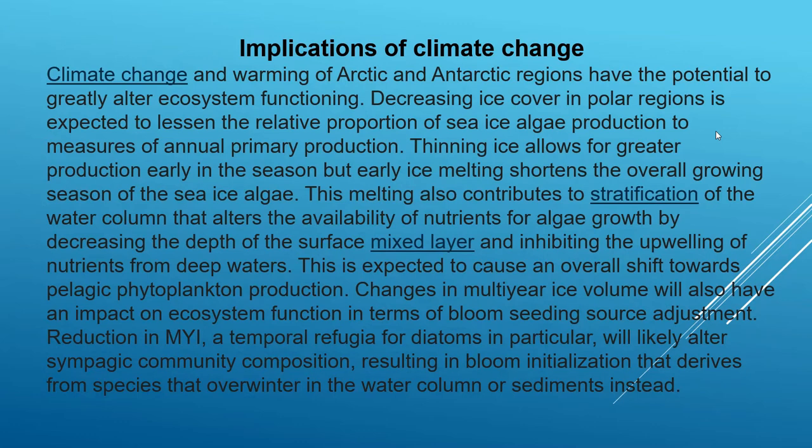However, they need a higher angle of the sun to be activated. So this is why, when you look at the total productivity over the season between the algae at the ice edge and the pelagic later on, by having less and less sea ice, there's less and less productivity as well, which then, of course, affects the whole food chain and food web. That's basically the situation that's happening.